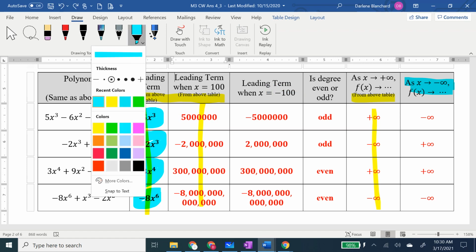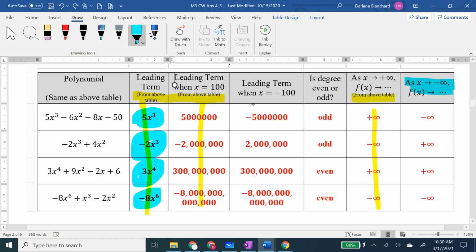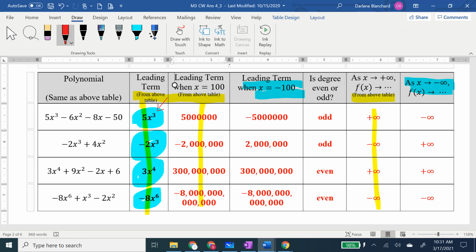There we go. When I plug a negative number into x cubed, it stays negative. I multiply it by this positive 5. I'm getting a negative number.